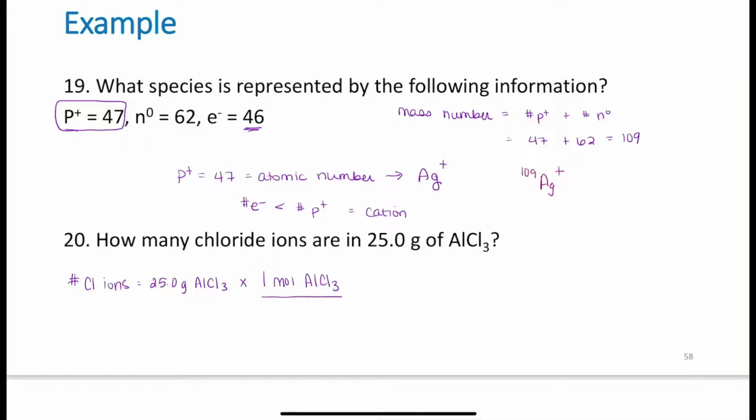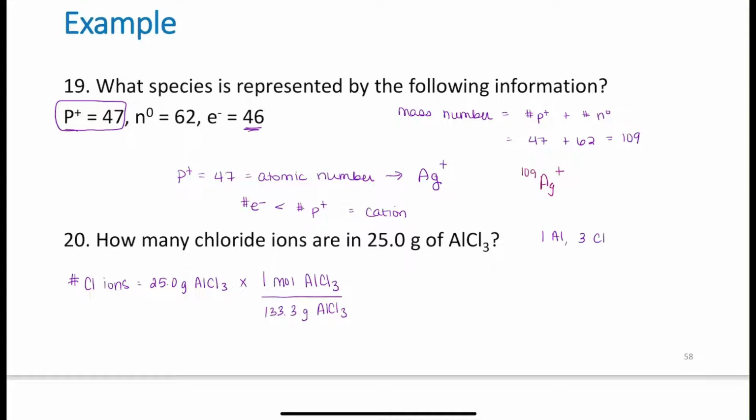So you should look at your periodic table. You have 1 aluminum and 3 chloride ions. So look up the mass for aluminum and chlorine. You're going to look up the mass for chlorine, but chloride ion is going to weigh the same. You're going to find the mass here to be 133.3 grams per mole. So 133.3 grams of aluminum chloride per 1 mole of aluminum chloride.